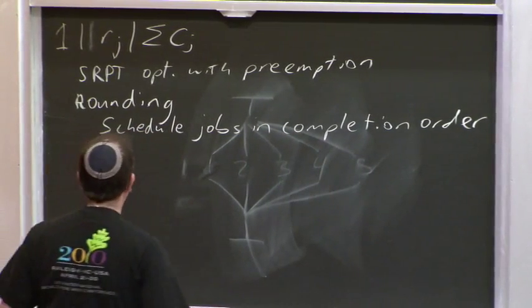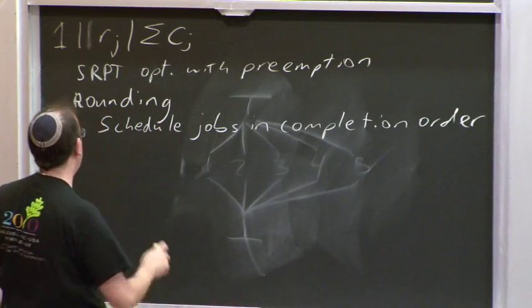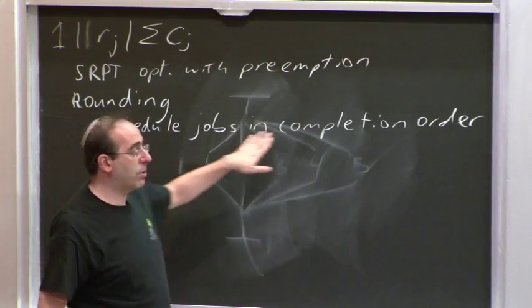Okay, but I think my explanation came out a little scrambled. So let me show why this works. The idea is that I'm going to do this in a sort of contorted way.